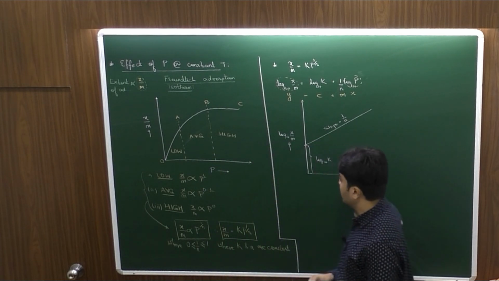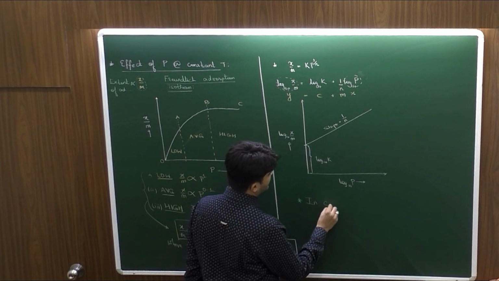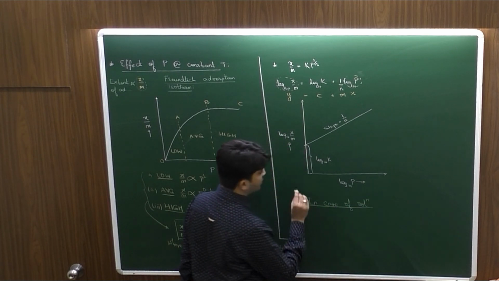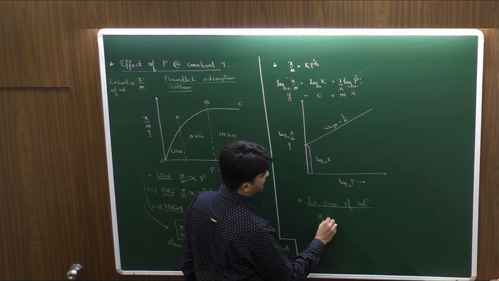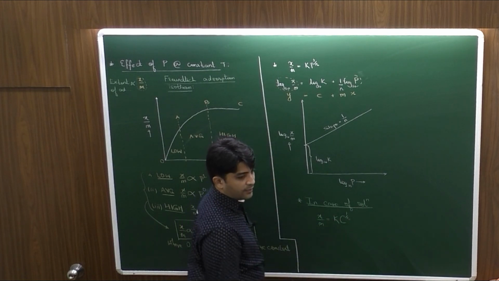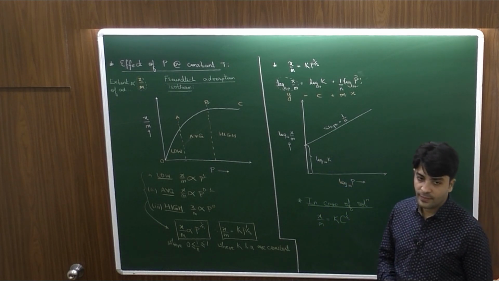Right? So, in case of solutions, the same thing is valid, but instead of the pressure, I'll replace it by concentration. So, x by m is equal to k into c raised to 1 by n, where c here is the concentration of the solution.